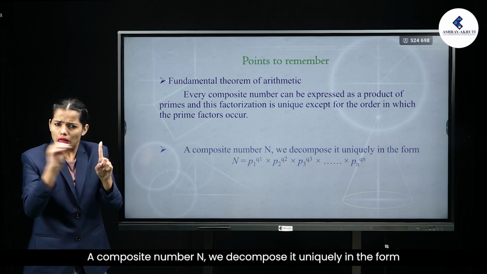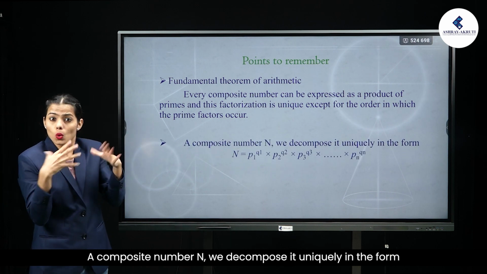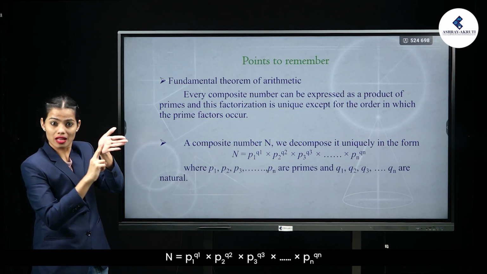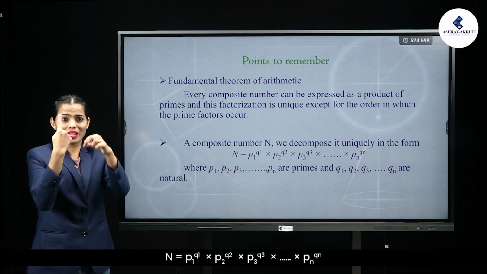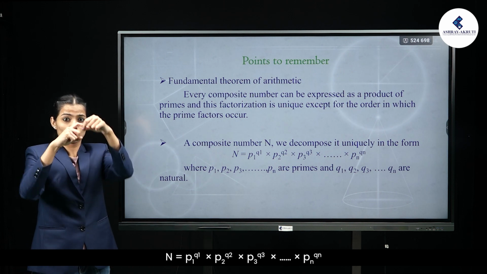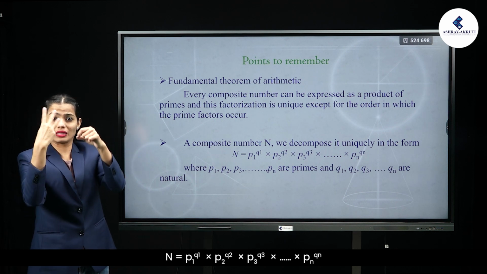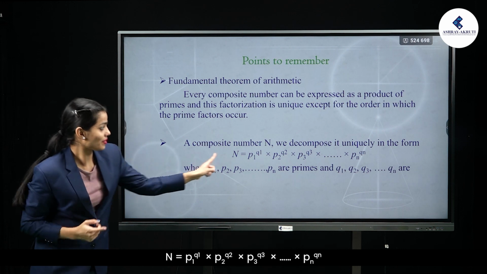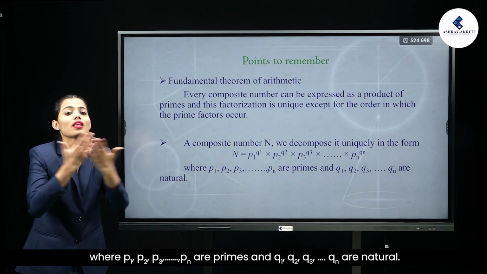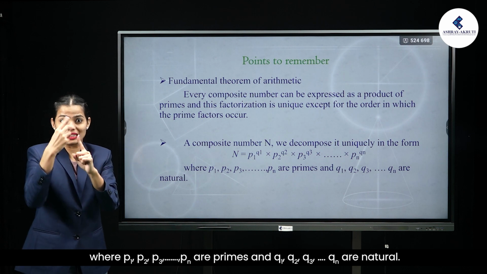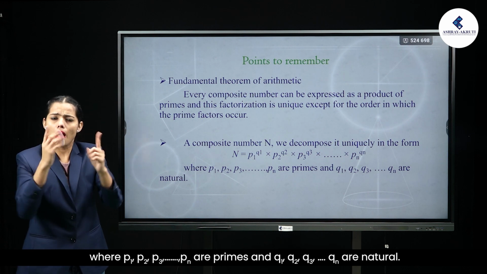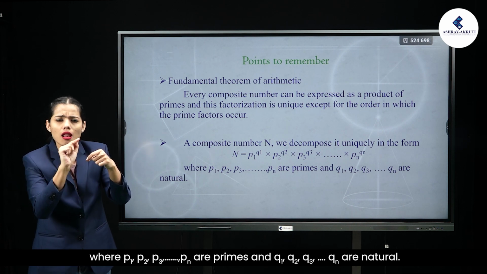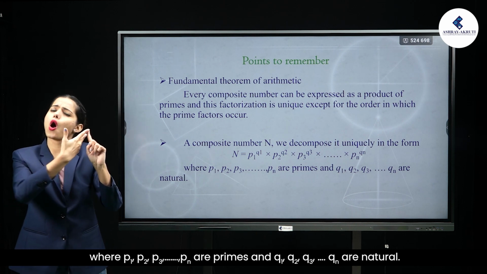A composite number n, we decompose it uniquely in the form n is equal to p1 power q1 into p2 power q2 into p3 power q3 and so on into pn power qn, where p1, p2, p3 and so on, pn are primes and q1, q2, q3 and so on, qn are natural numbers.